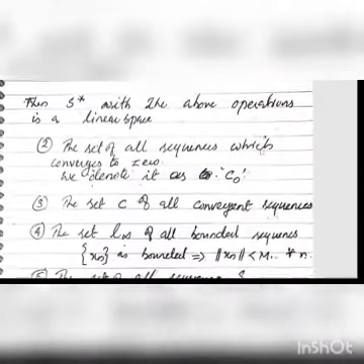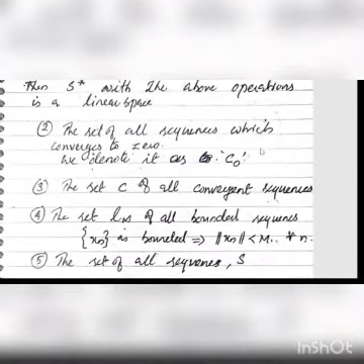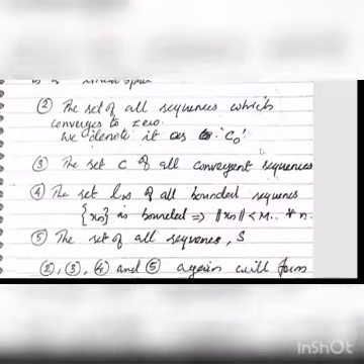So all five will form linear spaces. Now actually we can compare these. We know the relation connecting convergent sequences, bounded sequences, and those converging to zero. So how can we compare them?